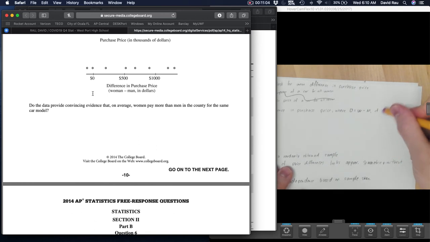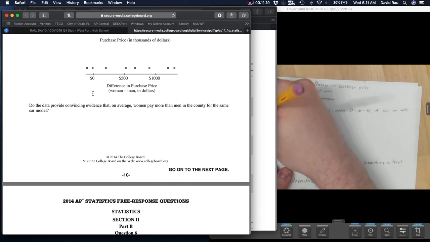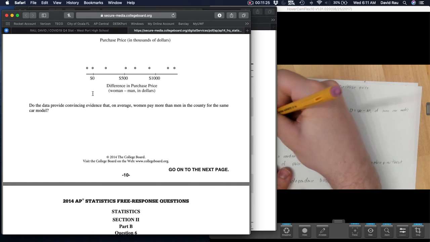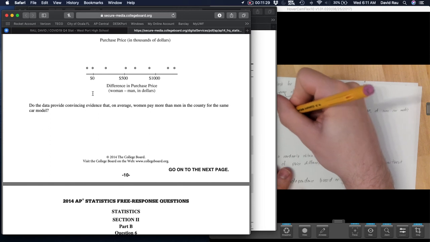Of car models for all in the given county. So just putting in a little more context.